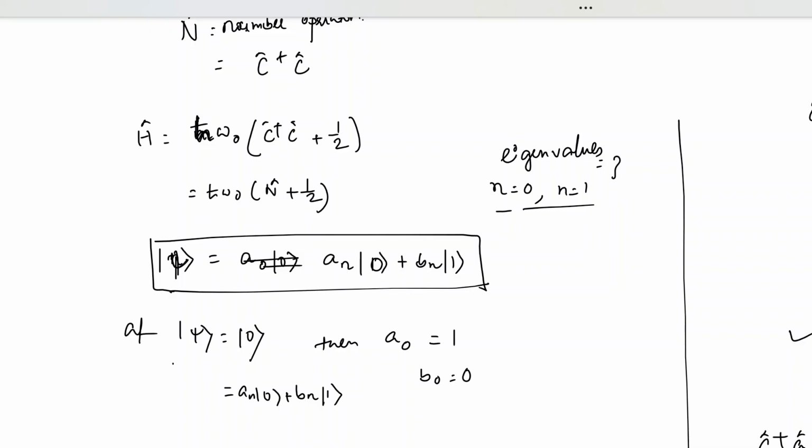So you have h cut omega naught common, then n cap operating on a n 0 will give you the value.